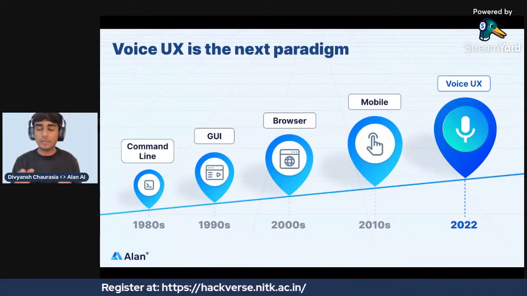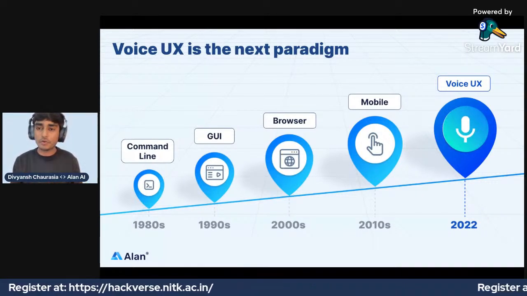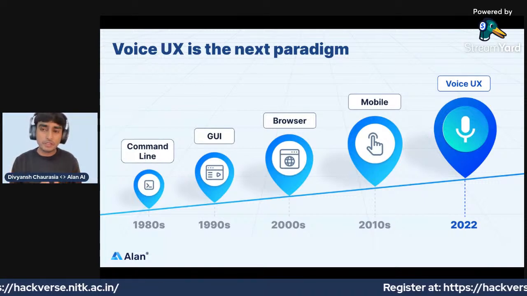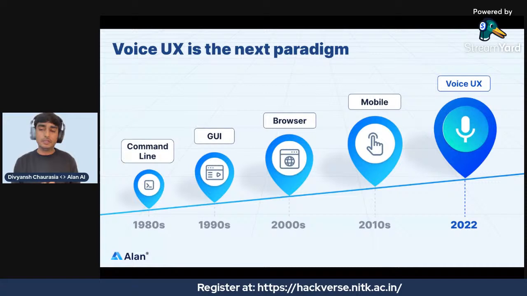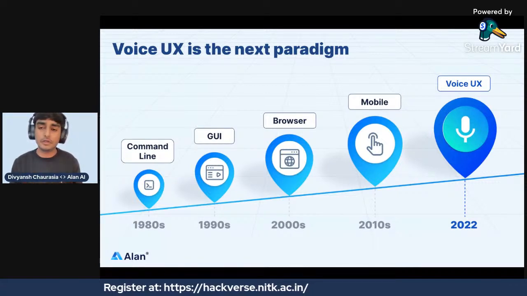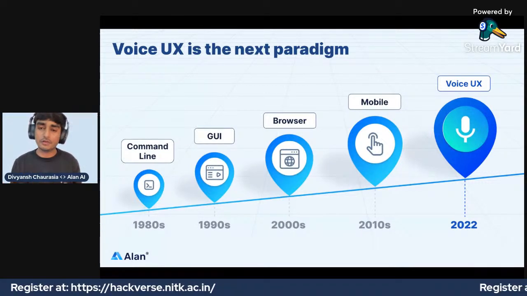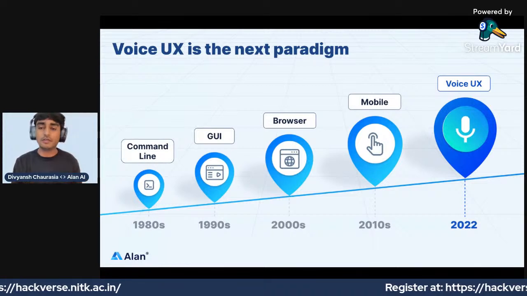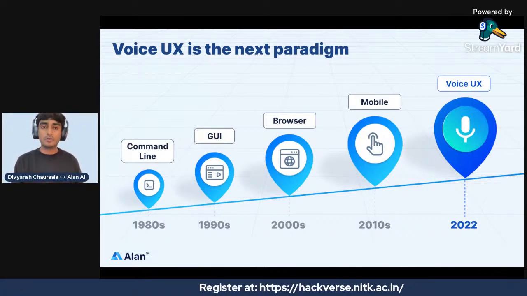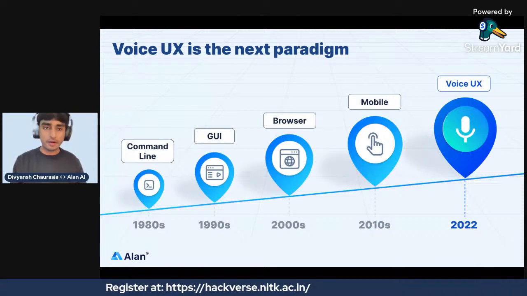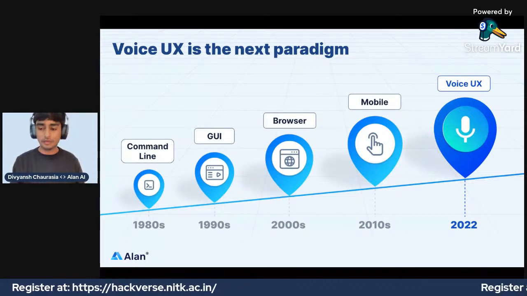With voice, you can make your application much more interactive and accessible, and it improves the user experience of existing mobile applications, just like when touch screen devices came in. So that's why this is a very new thing which we are starting.